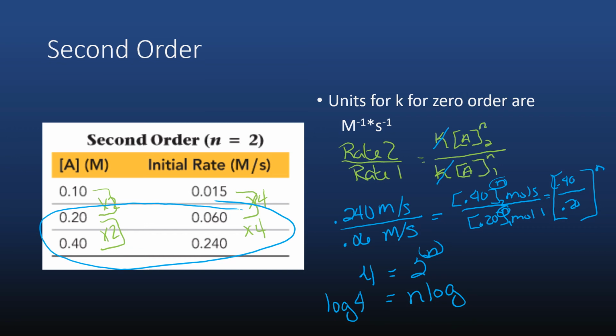So n is equal to log 4 over log 2. You plug that into the calculator and you get n is 2. So it is a second order reaction.